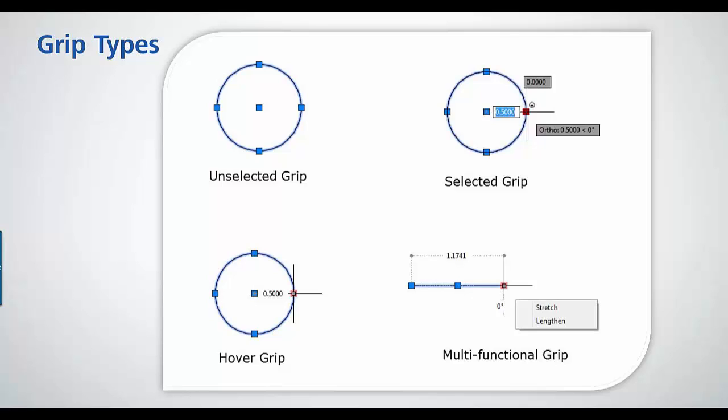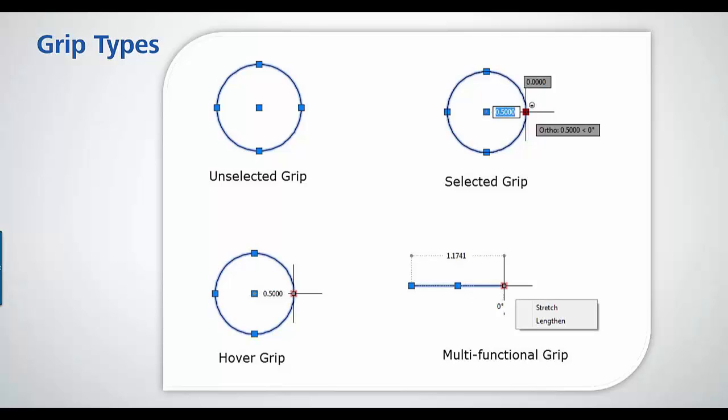So in this case, it again shows me the radius of the circle, but if you take a look at the lower right corner, it actually will also give you information about, say, the length of an object as well as the angle. So in this case, 0 degrees is what's showing.